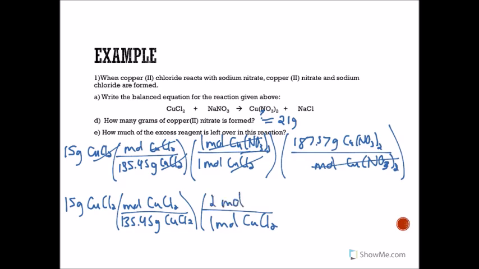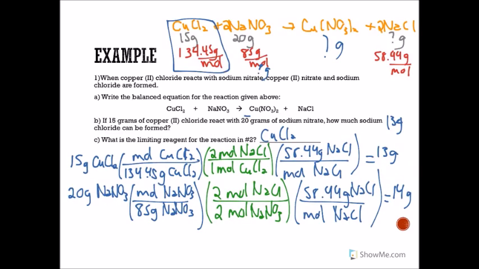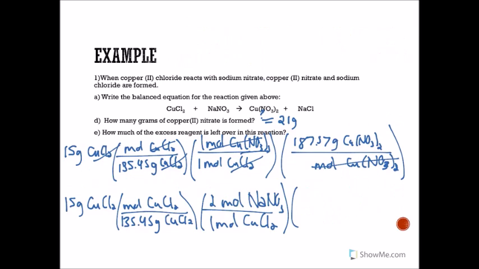We have 2 moles of sodium nitrate on the top. And then we convert back using our molar mass of 85 grams of sodium nitrate over a mole of sodium nitrate.